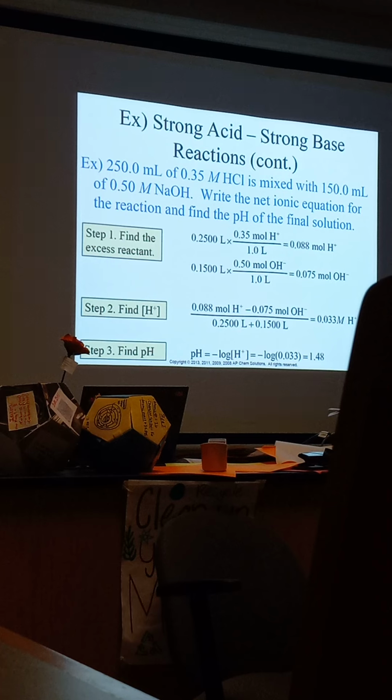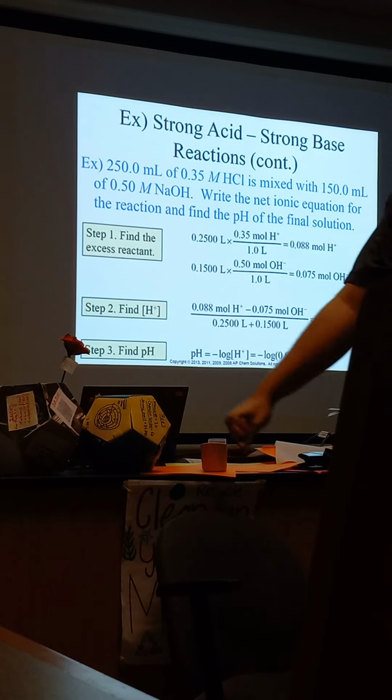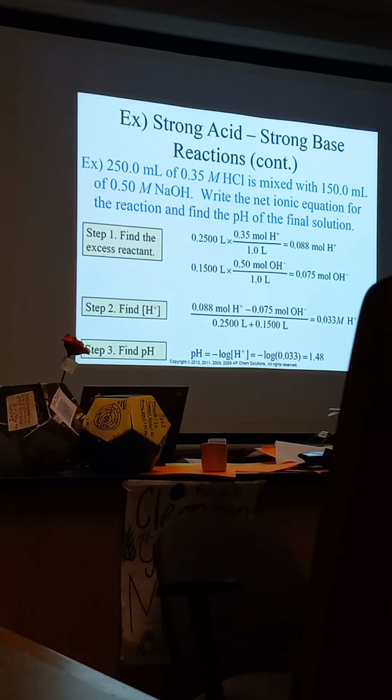Guys, a pH of 1.48, is that acidic or basic? Acidic. Because it's below 7. Now, guys, pH is very helpful, but did we even need to calculate pH to know this was going to be acidic? No. Because what did we figure out looking at these two? Which one was going to be left over?